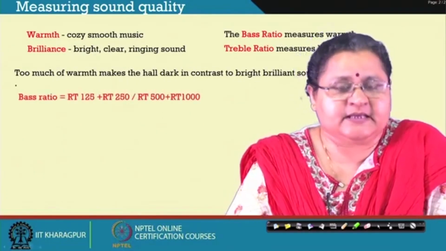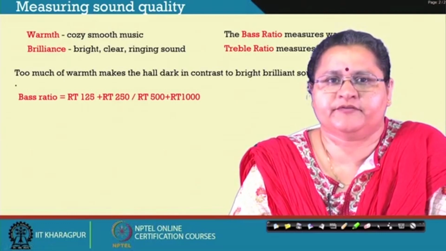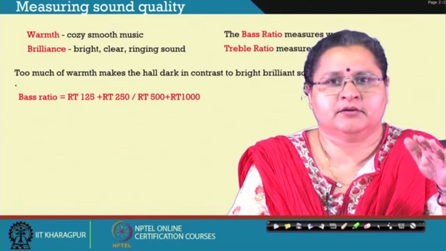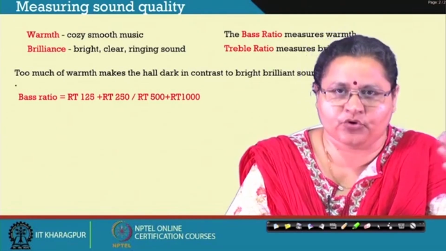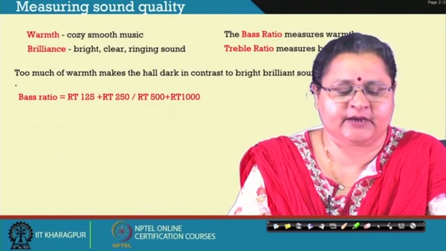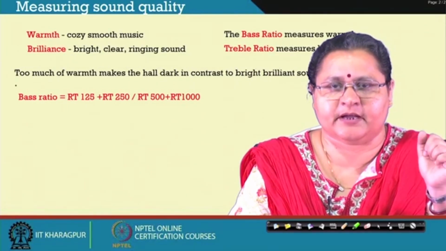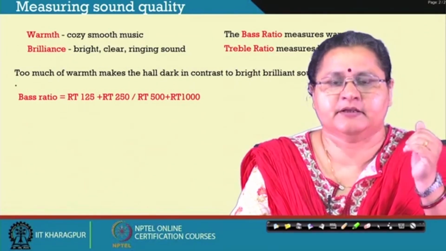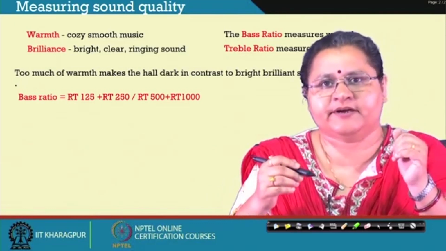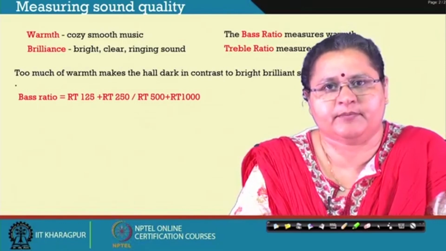If you see, the bass ratio is defined as, we all know RT is reverberation time. So, the reverberation time at the bass frequencies, that is the low frequencies, RT at 125 plus RT at 250, summed up and divided by the reverberation time at 500 hertz plus 1000 hertz, gives you the bass ratio.